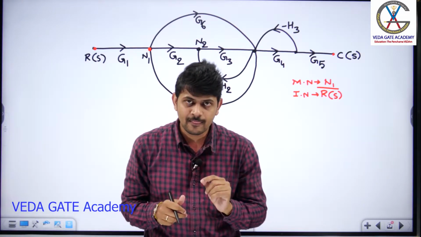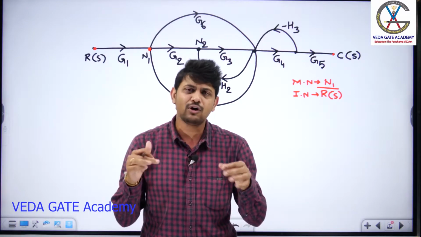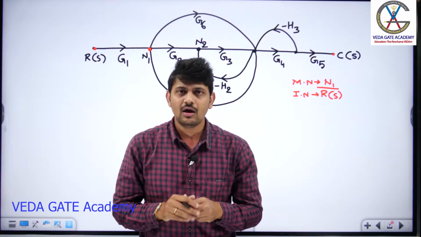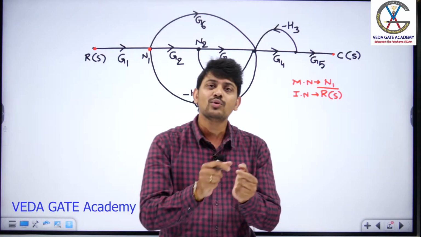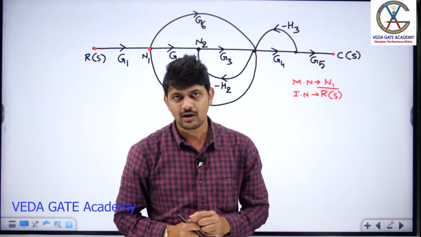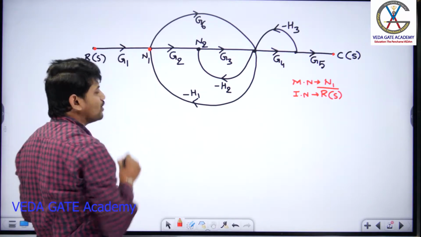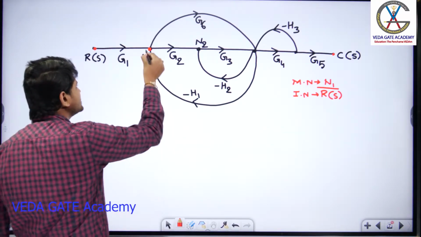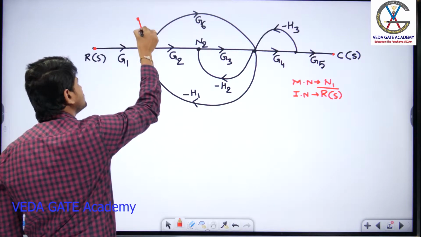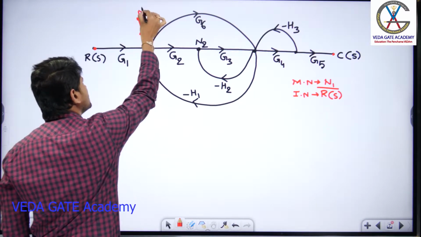Again, I am repeating: any mixed node is possible to convert as an output node, and the procedure is to add one outgoing branch with unity gain. So if I want to convert this mixed node N1 into an output node, I need to add one outgoing branch with unity gain or unity transmittance.